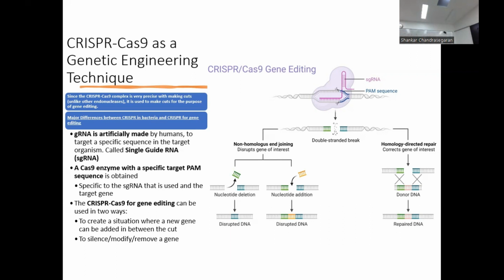And both of those will then make the enzyme look for the specific target and find it complementary through the PAM sequence and the guide RNA and make a double strand cut. Once that cut has been made, a gene is inserted and thus a transgenic organism, a genetically modified organism, is made.